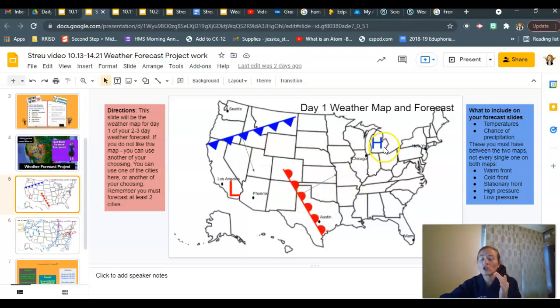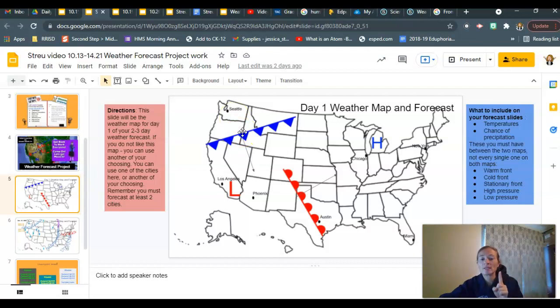Okay, for pressures, they don't necessarily have to move a particular direction. We learned that high pressure often will follow a cold front. So if you were forecasting Seattle on this map, you might have high pressure up here on your second map, because that cold front has already passed.